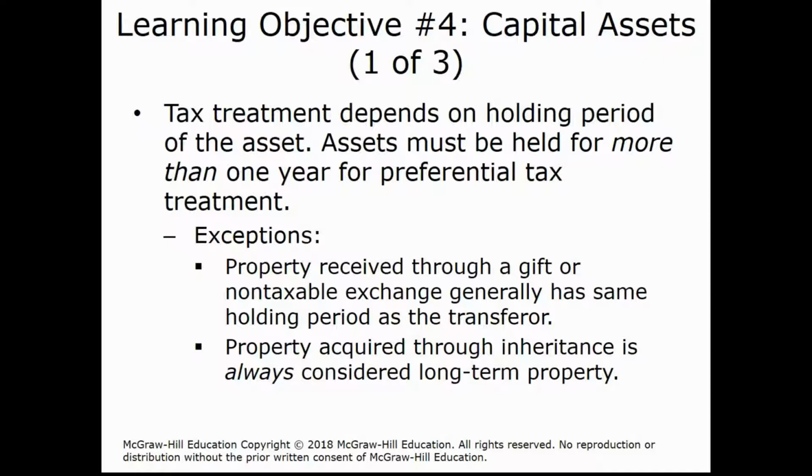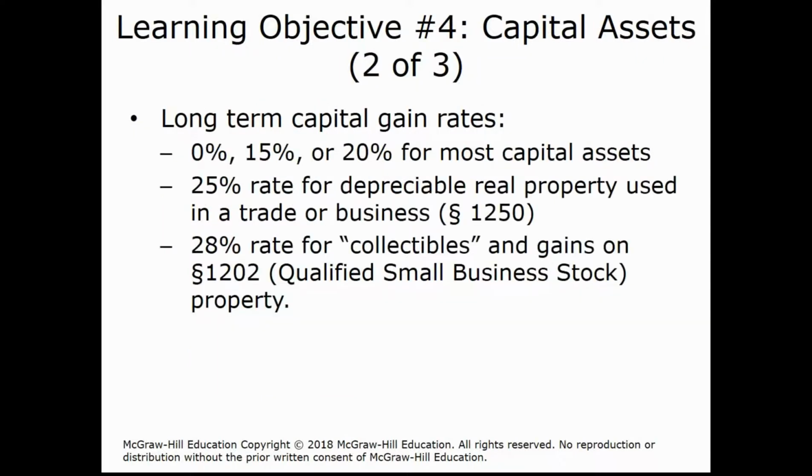So if they held it for a year before you acquired it, then your basis holding period would be 1 year at the date of receiving the gift. I think this is kind of interesting that if you inherit property, however, it's always considered long-term property. So if you inherit property in January and sell it in July, you get the benefit of the long-term capital gain rates against any gain you might realize.